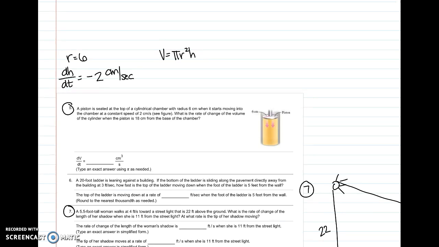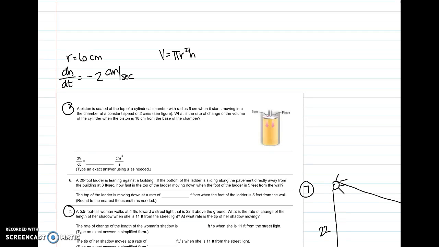A piston is seated at the top of a cylindrical chamber with a radius of 6 centimeters. So we're going to write down 6 centimeters. When it starts moving into the chamber at a constant speed of 2 centimeters per second. So if the piston's at the top and moving down, that's the rate of change of height, okay, of the fluid in the piston. Yes?